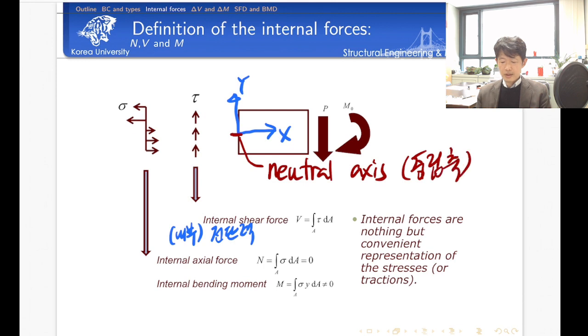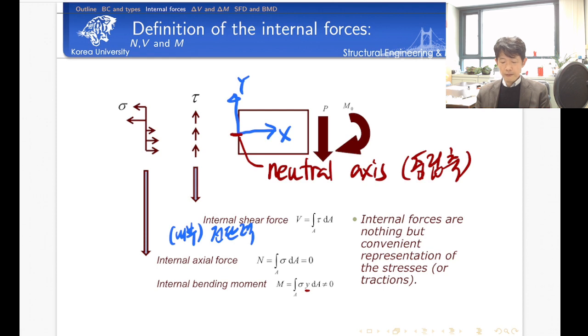We'll discuss the meaning of the neutral axis later, maybe next week. At this moment, please understand that we have the neutral axis at the origin of the coordinate system for our calculation. And make sure that this is the arm length for the moment calculation.